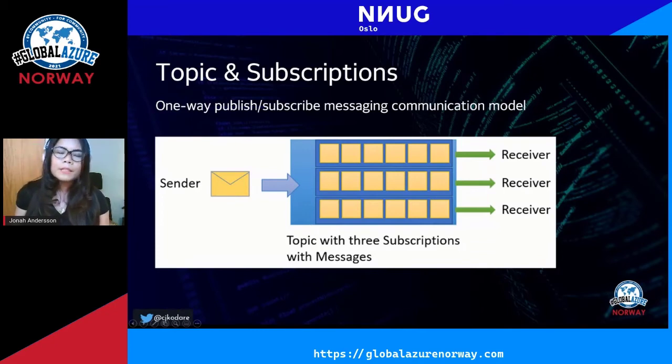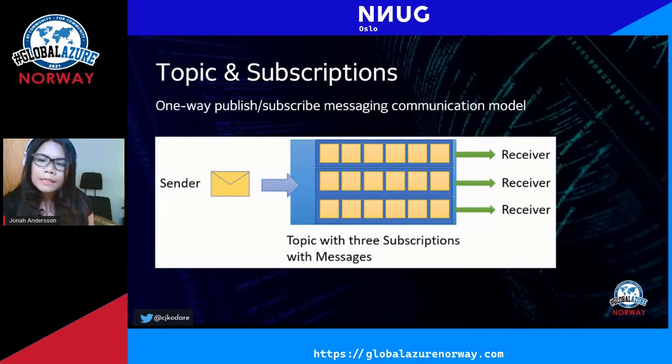The difference between topics and queues is that a topic is similar to a queue because it serves like a broker, but you can filter the received messages in topics and subscriptions depending on what the subscriber has subscribed to.